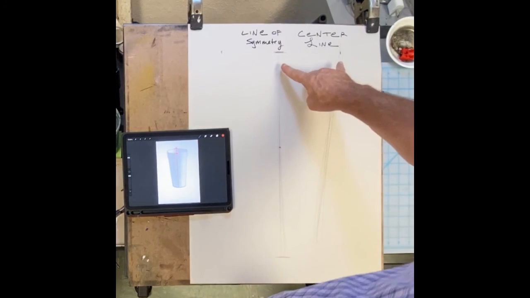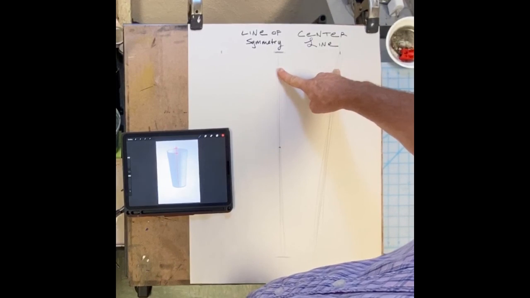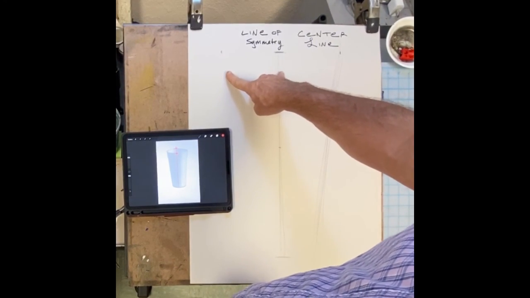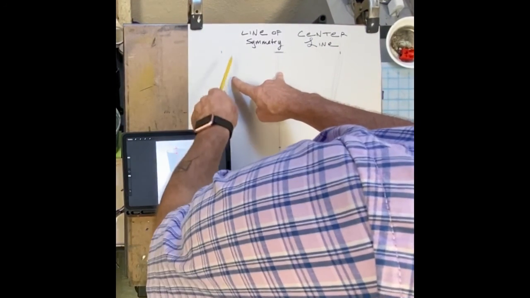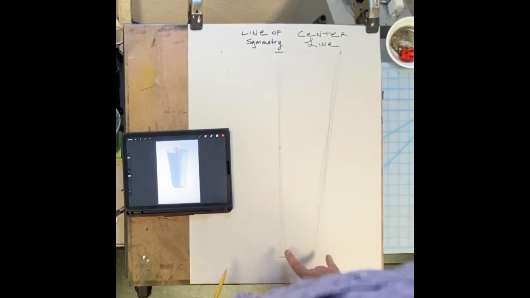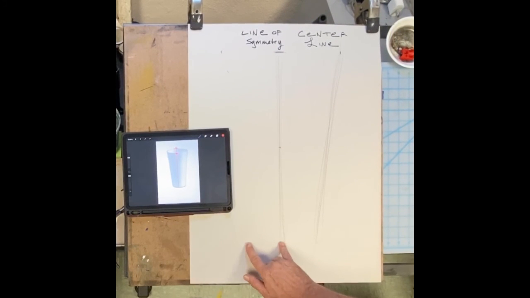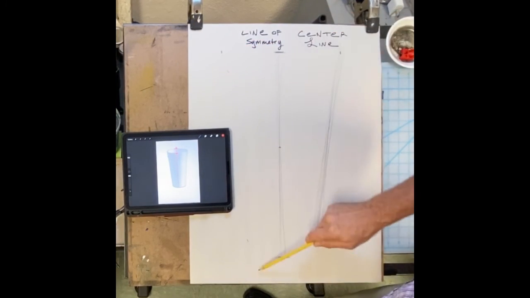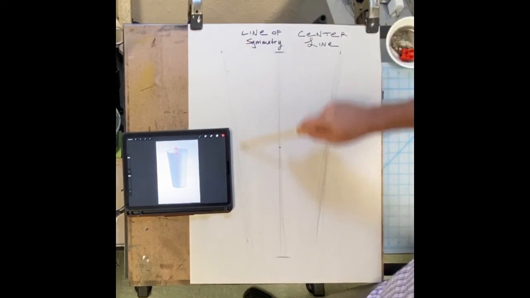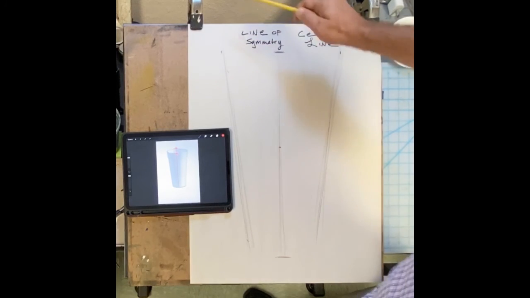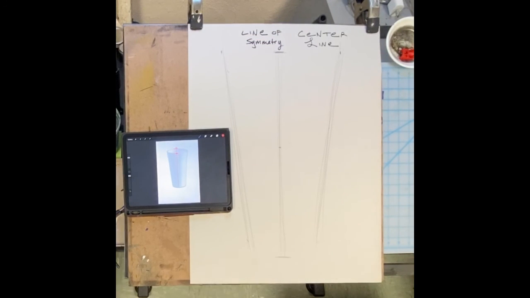Now the cool thing about this is that I can do this, or I can do this. And I know that if I go in the same direction as that mark that I've just made, then I'm going to have a symmetrical relationship on either side.